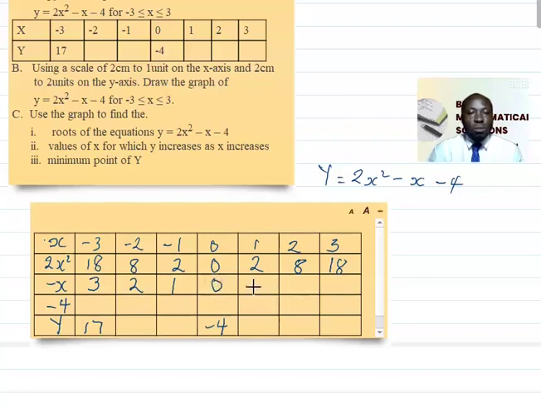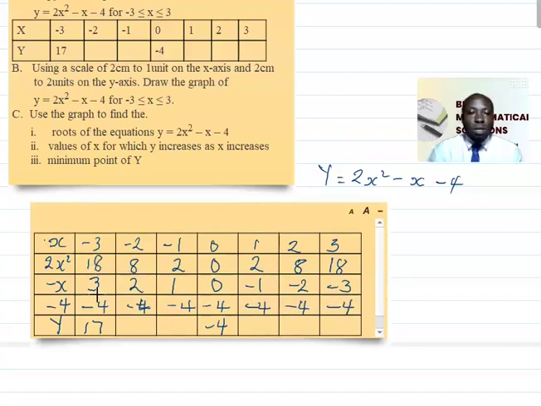Then minus 1, minus 2, and minus 3. The minus 4 is constant for the equation, so we'll repeat it all through: minus 4 across every column.